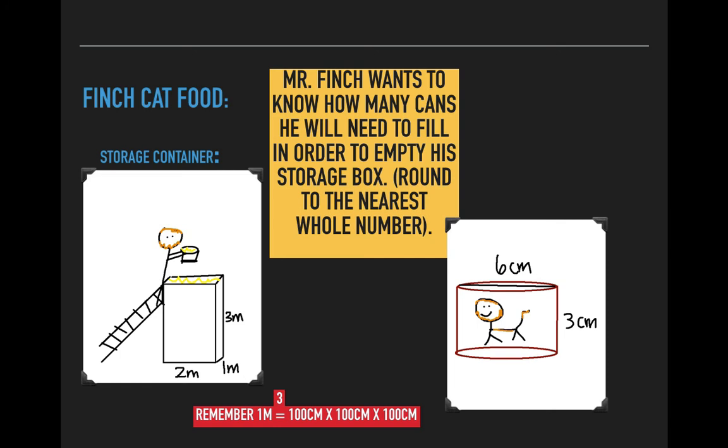He then takes these rectangular containers from storage and he tries to figure out how many cans of this cat food he can make. Now, Mr. Finch, as you can see in this example, is dumping some of his handmade, homegrown cat food into his storage container. The storage container, as you might imagine, is in meters. But his cans that he produces are in centimeters.